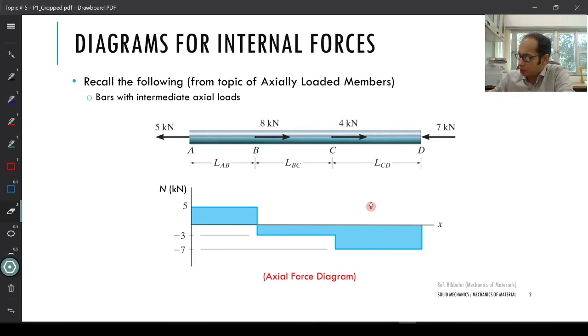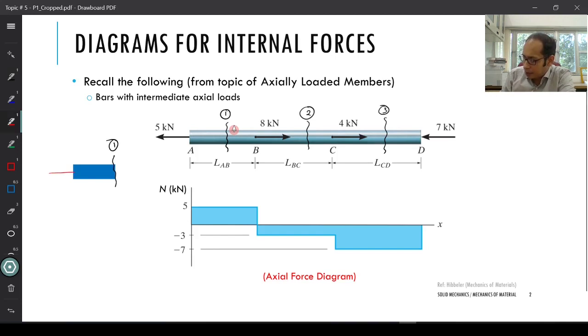So for example, over here, suppose I take a section and call this section 1, if I take a section here, I call this section 2, and so on, and I can take one more section over here and call this 3. Now, for section 1, if you remember, when we had drawn the free body diagram, this is my section 1.